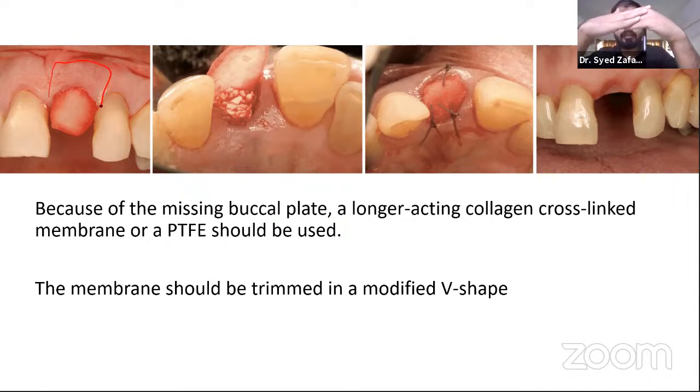After placement, we will bring it over to the palatal wall. First, we will insert the membrane, then we will do the bone grafting, then we will rotate it and insert it in the palatal tissue, inside the palatal tissue. Then we will suture it.